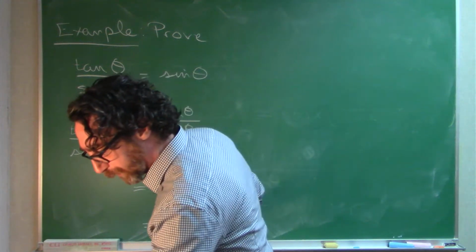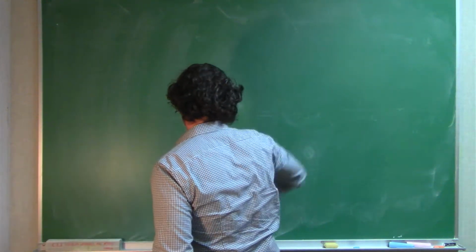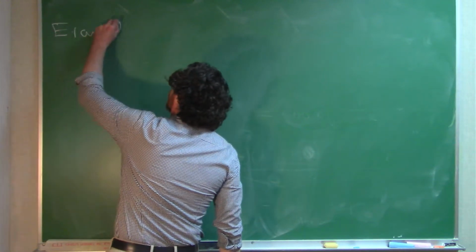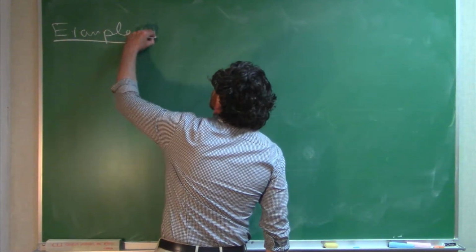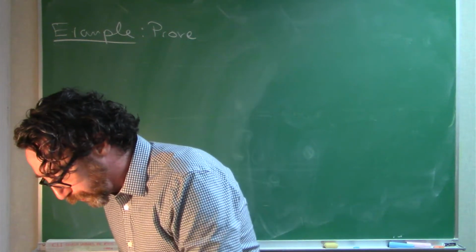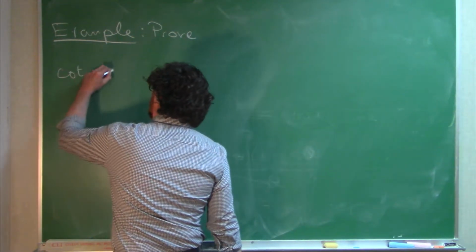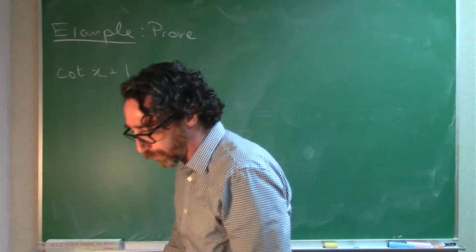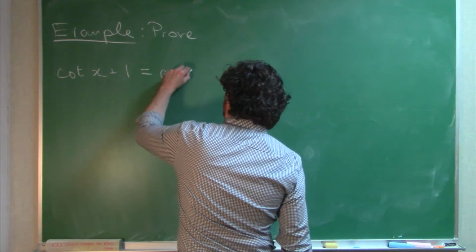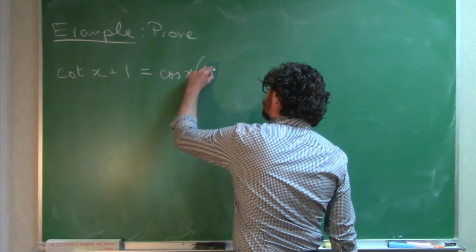Okay, another example. Let's try this one. I want to prove that cotangent x plus 1 is equal to cosine x times cosecant x plus secant x.